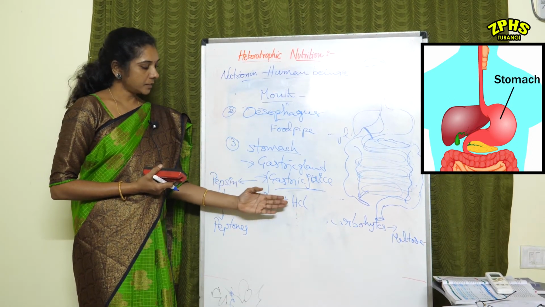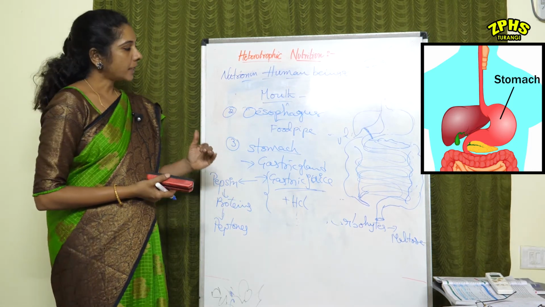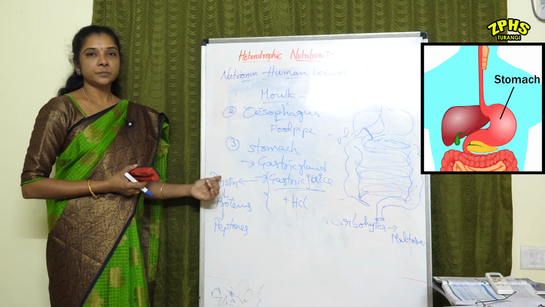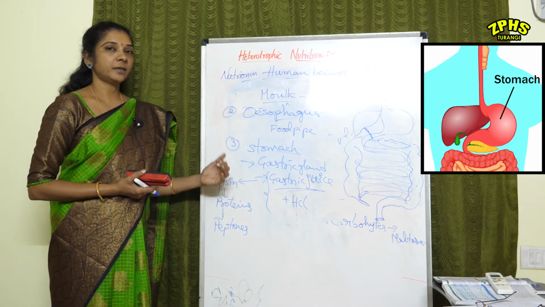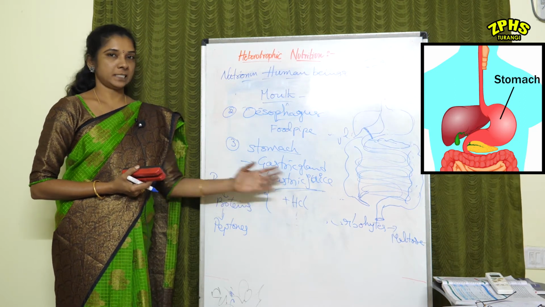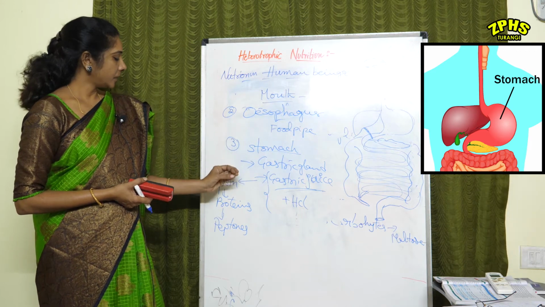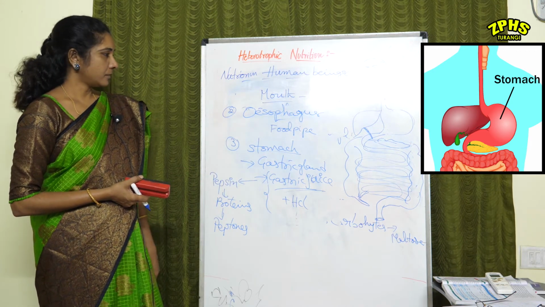It is helpful to kill the bacteria, and to provide an acidic medium. The enzymes in the stomach work properly and effectively in the acidic medium. That medium is also provided by this HCl.